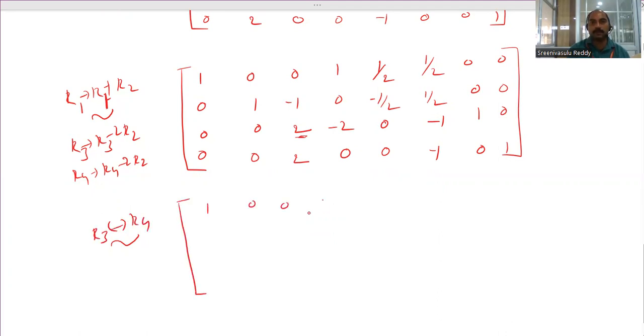1 0 0 1 1 by 2 1 by 2 0 0; 0 1 minus 1 0 minus 1 by 2 1 by 2 0 0. So third row converted into fourth row, fourth row converted into third row.